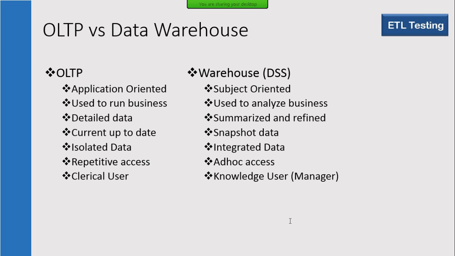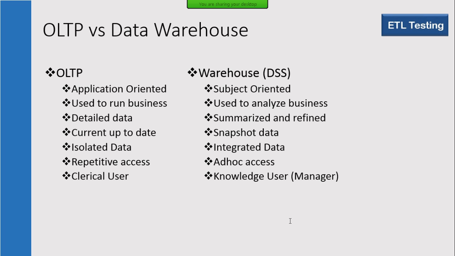perspective. An OLTP system is an application perspective, whereas your warehouse is subject oriented. So how is it subject oriented? You want to know some sort of information around that particular data. Where do you get this data from? You're getting it from your OLTP system.